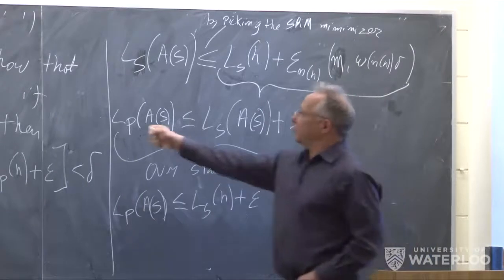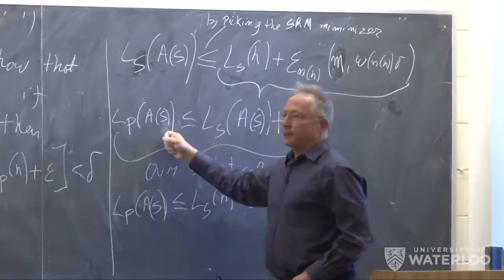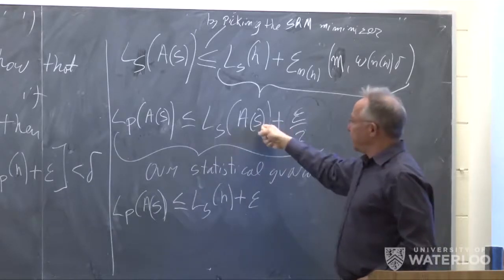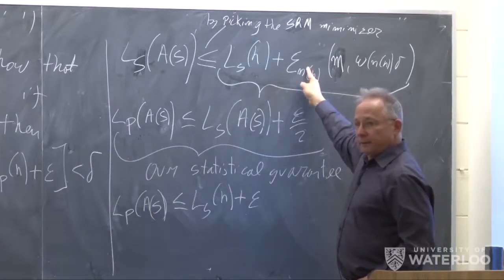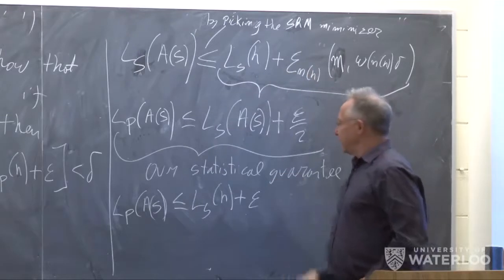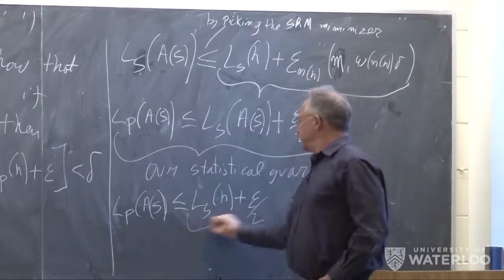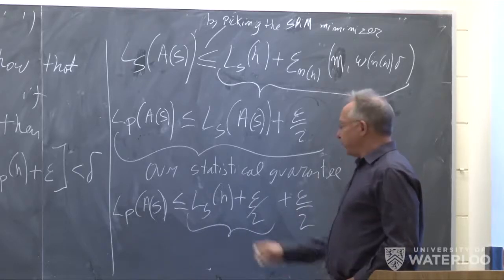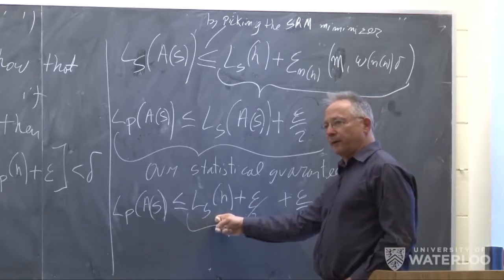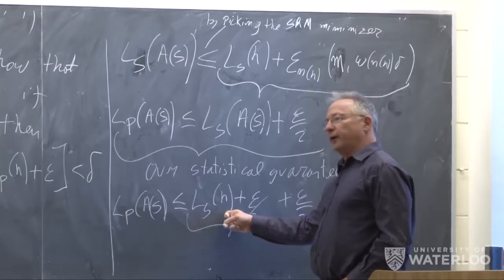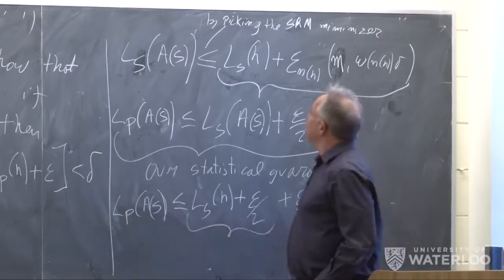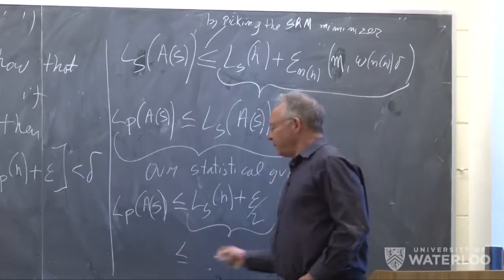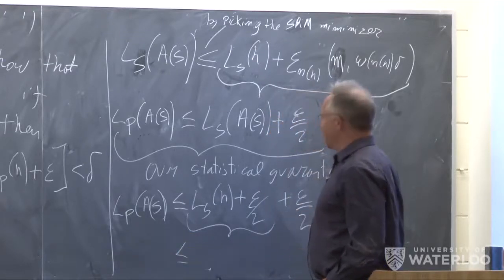I'm getting too much by one epsilon over 2 factor. So what I'm getting, the true error of my algorithm is bounded by the empirical error plus this epsilon half. This empirical error is bounded by what I have here. So I'm getting here epsilon half plus epsilon half. But if I want to compare it to LP of H, because this holds for every H, I get here, somehow I got 3 halves instead of just 2 halves.